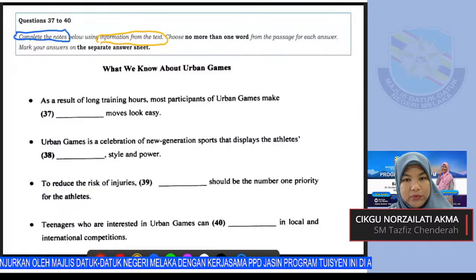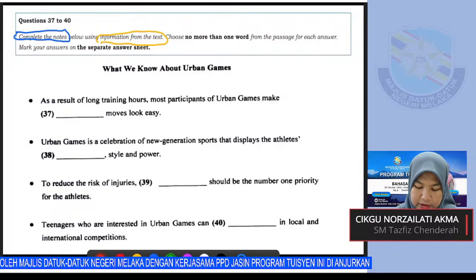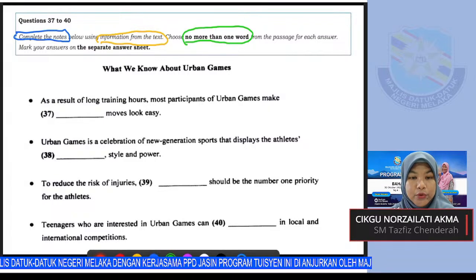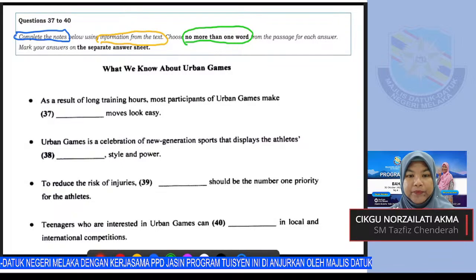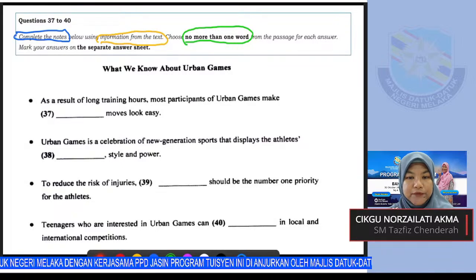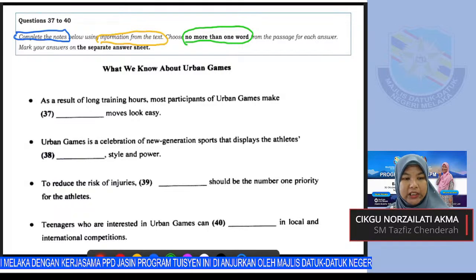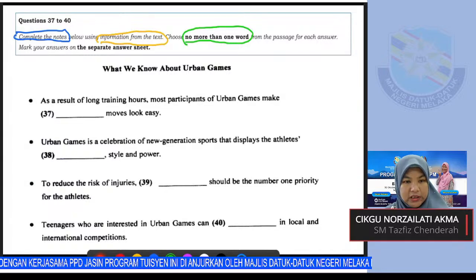And how many words do you need to fit in the blank? The answer should be no more than one word. So one word only, from the passage for each answer. Mark your answer on the separate answer sheet. For questions 37 to 40, the topic will be what we know about urban games.